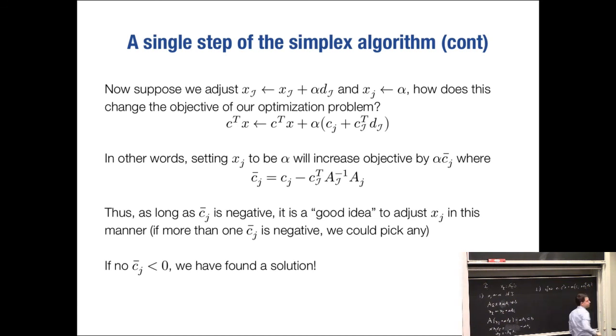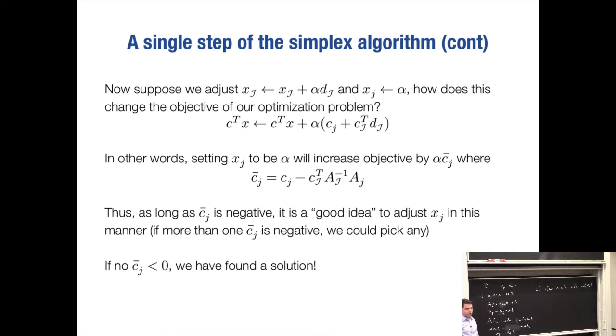This is the change in objective I get from this part here, right? Because I'm also changing the other variables, the xi variables, and so I get a change in my objective from those as well. Okay, so that's how my objective changes if I increase xj by a little bit.